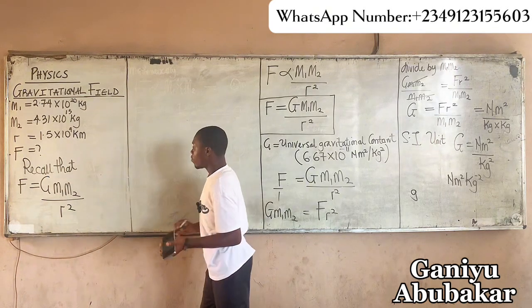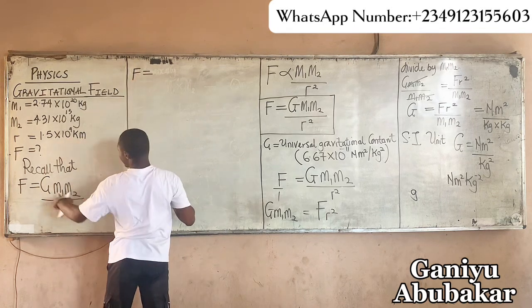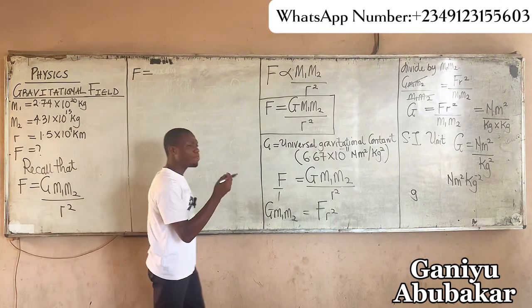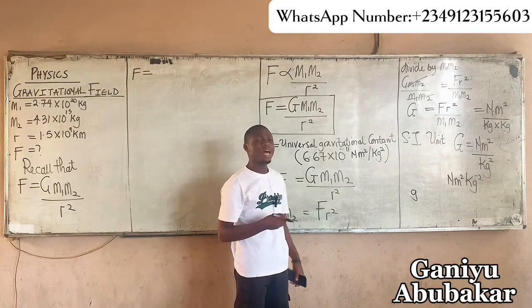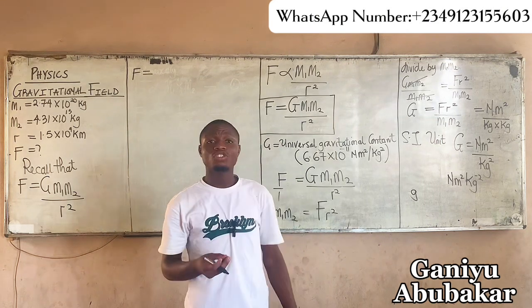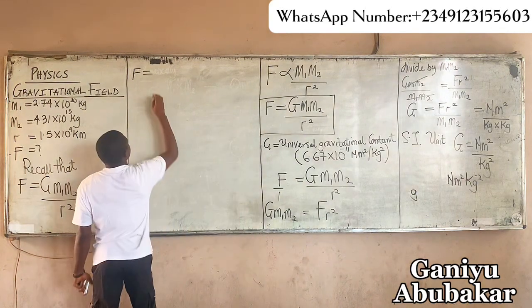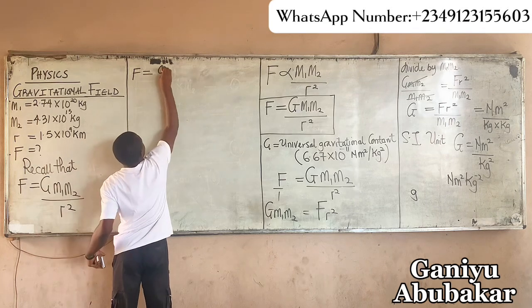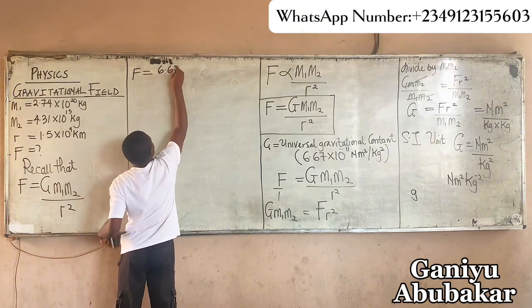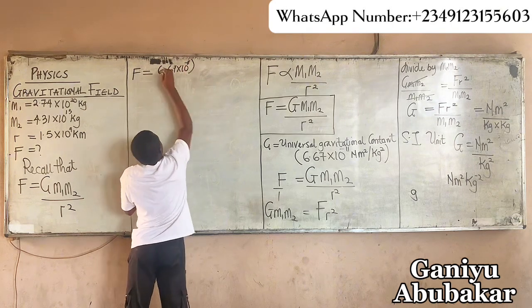From here, F is equal to capital G. We said that capital G is a constant known as the universal gravitational constant, and it's given as 6.67 times 10 to the power minus 11.